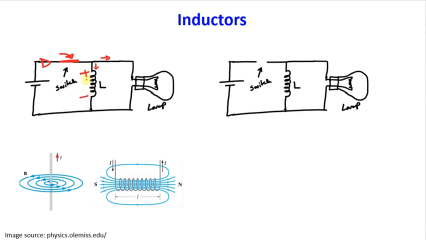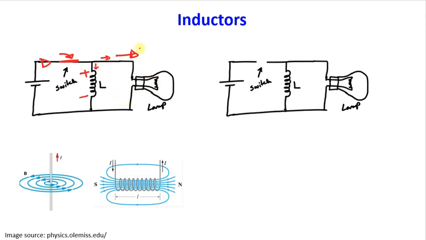With a polarity like this. So this polarity will now try to oppose the current flowing through this. As a result, initially most of the current will take this path through this lamp.